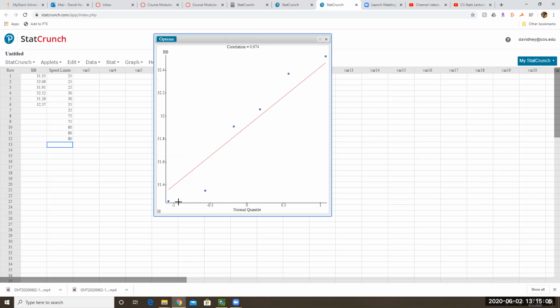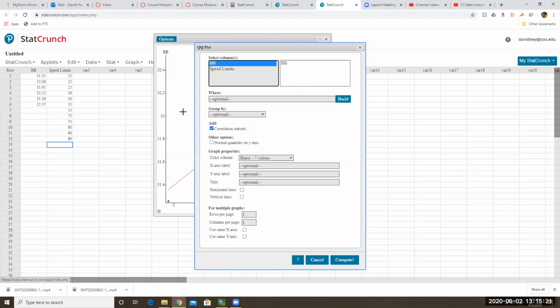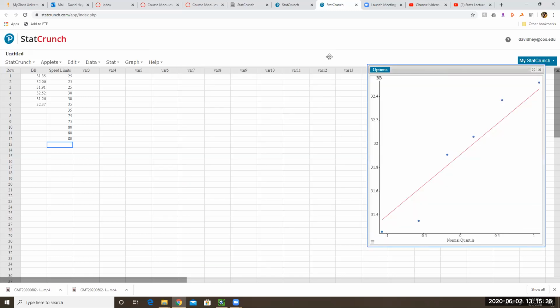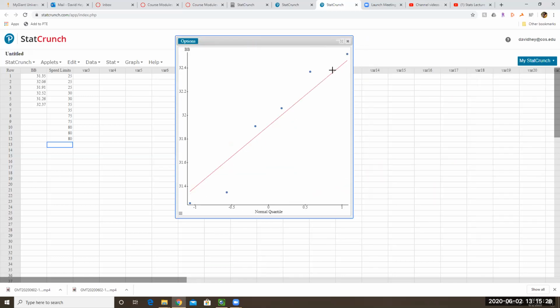Again, what we're looking for is we want the dots to be relatively close to the line. Visually speaking, this looks like it could be normally distributed, for sure. Then numerically, we're looking at this correlation. If you forget to click that box, it'll still give you this normal probability plot, but it won't give you the correlation coefficient.